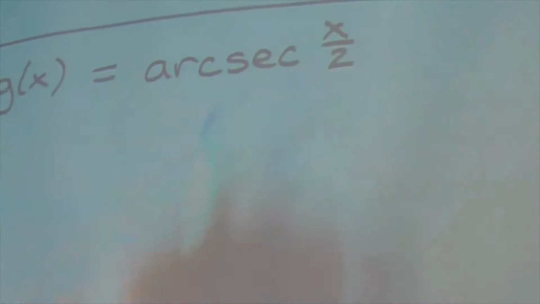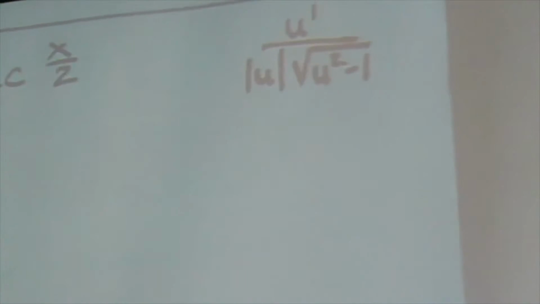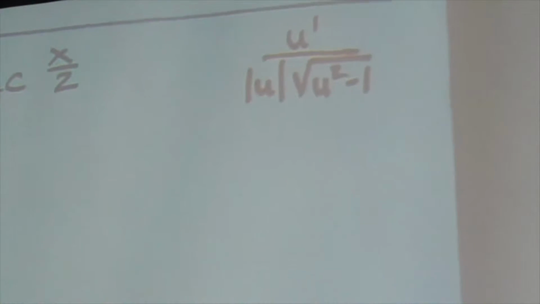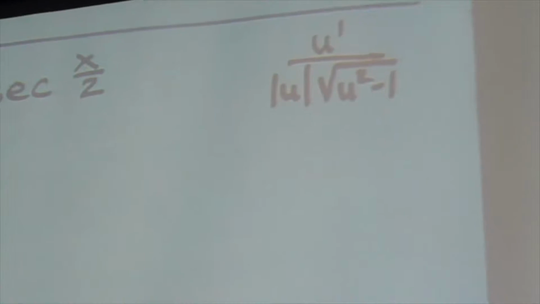Equals arc secant of x over 2. Find g prime of x. Is that right? Yes. Let's see. U is what? X over 2 or 1/2 x.